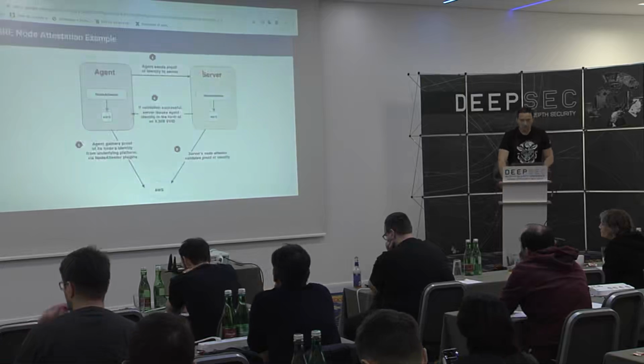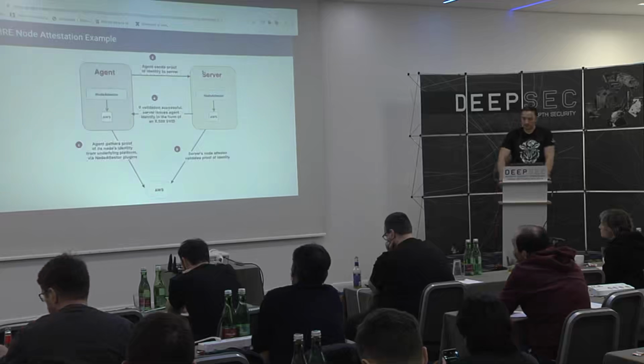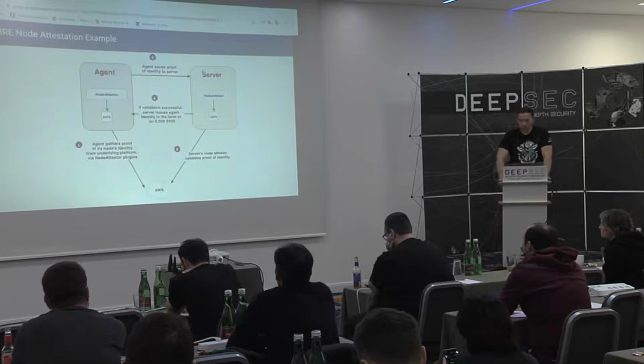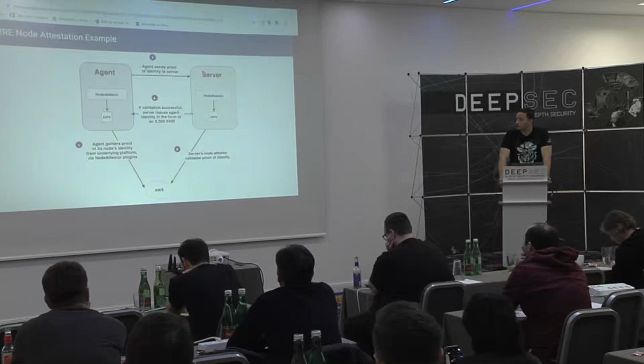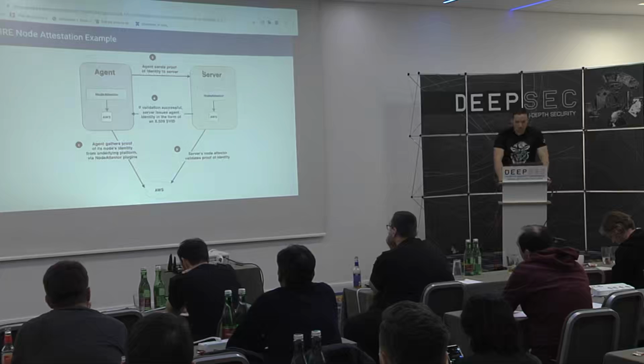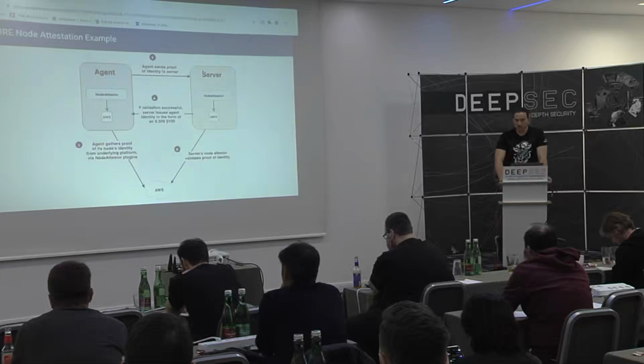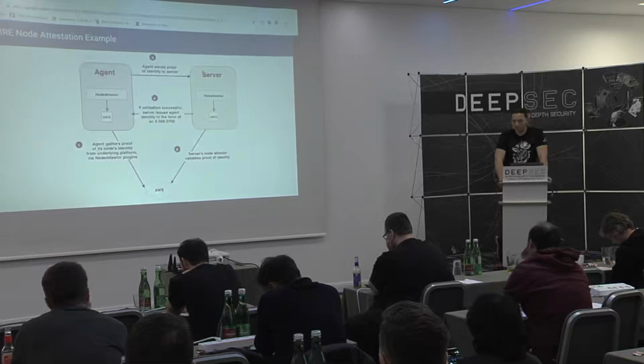And this diagram illustrates the main steps in node attestation within SPIRE. Here we use the AWS platform and the AWS-backed attestation method. The idea is that the agent's AWS node attester plugin can query AWS for proof of the node's identity and then gives that information to the agent.